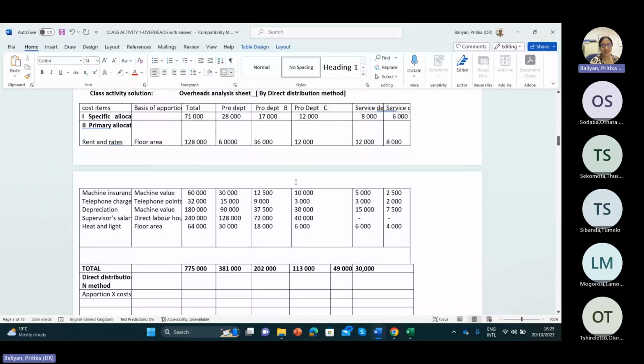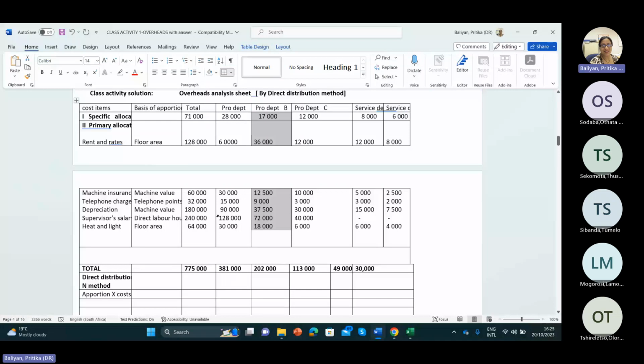So you start from adding here 71,000, and then all this cost, then 28,000, all this cost, then for department B, C, and then you will get the total cost here in the total column, like 775,000 for total.